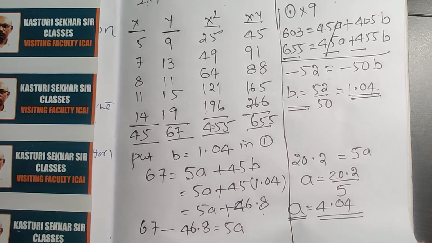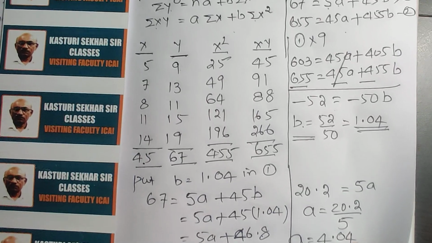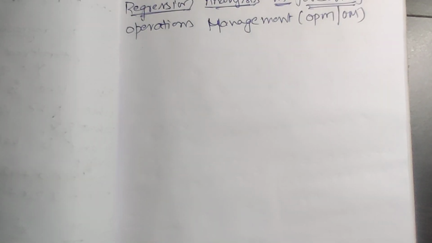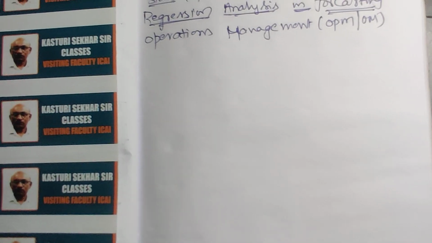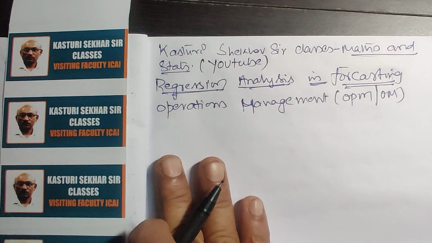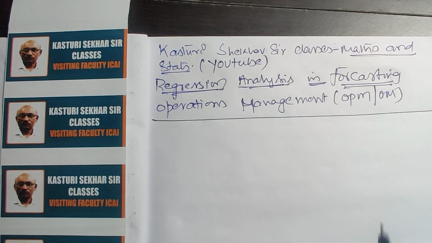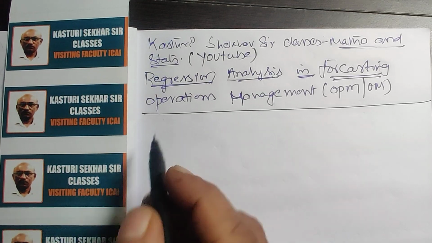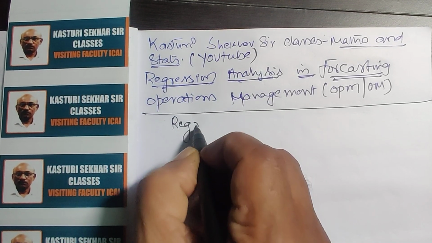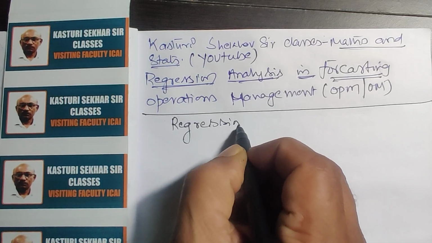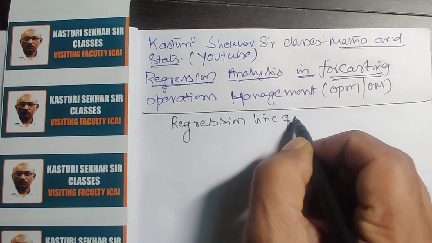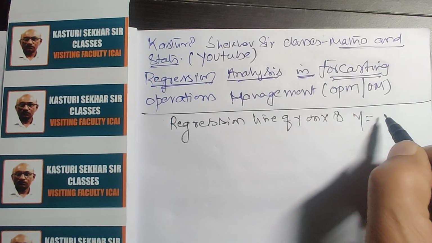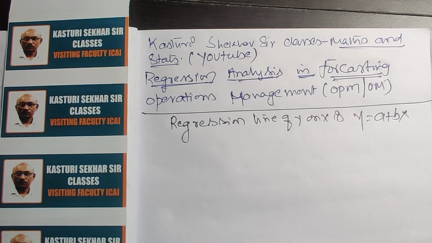These two values are obtained. Now let me substitute these values in the required equation. What is my regression line of y on x? Regression line of y on x is y is equal to a plus bx.